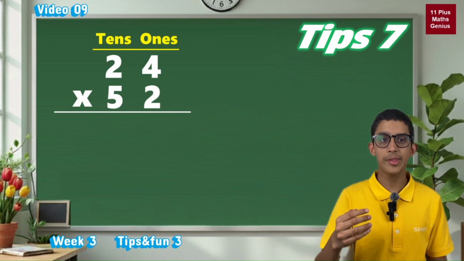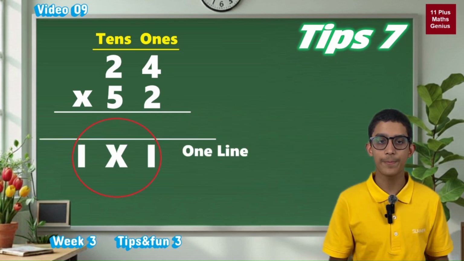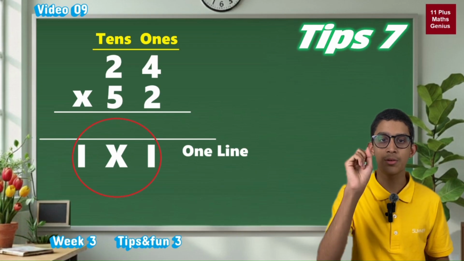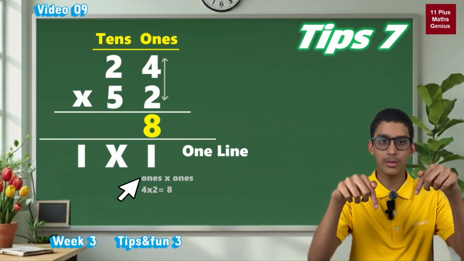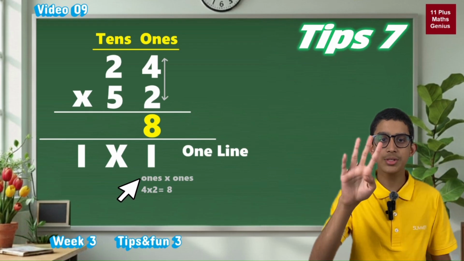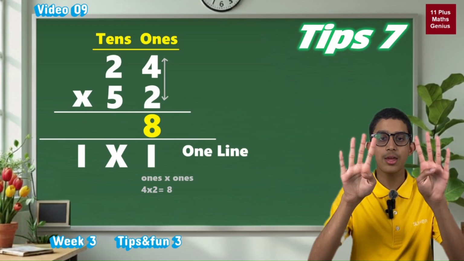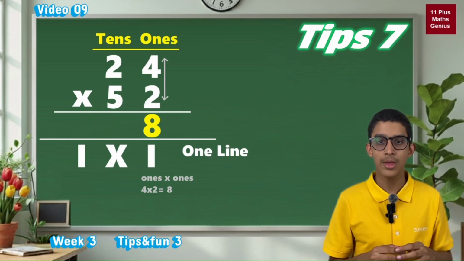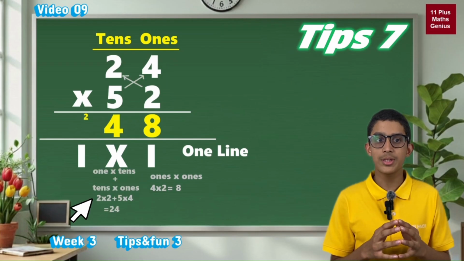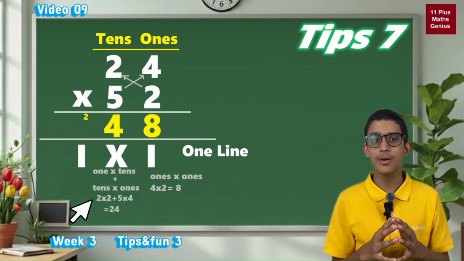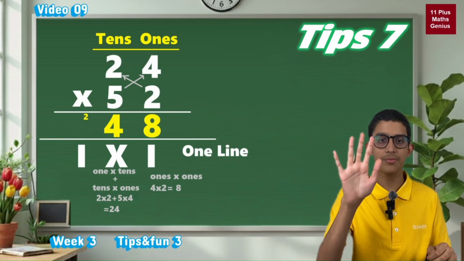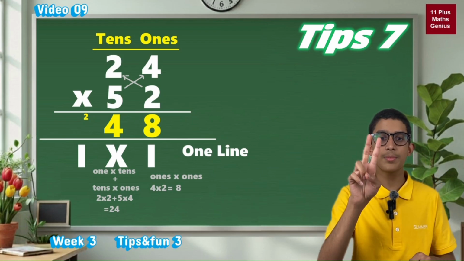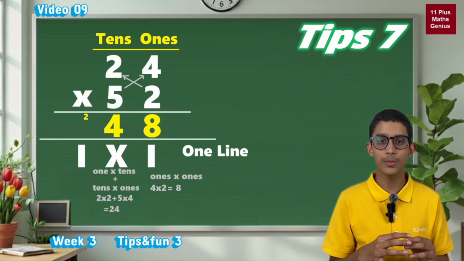Now, follow this symbol, I X I. That is multiplying ones by ones and placing the result under ones. Here we have 4 times 2 is 8. We put 8 under ones. Then ones by 10 plus tens by 1. So 2 times 2 plus 5 times 4, or 4 plus 20, or 24.